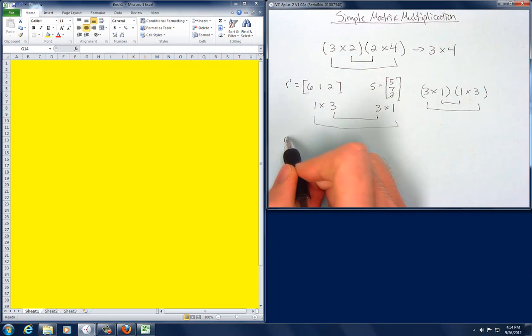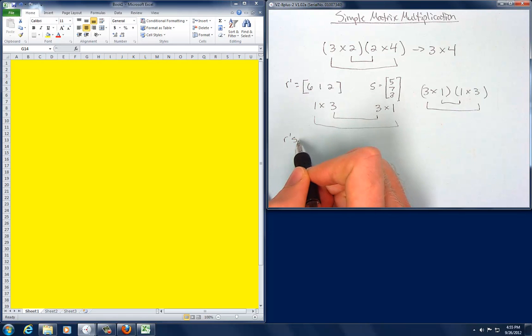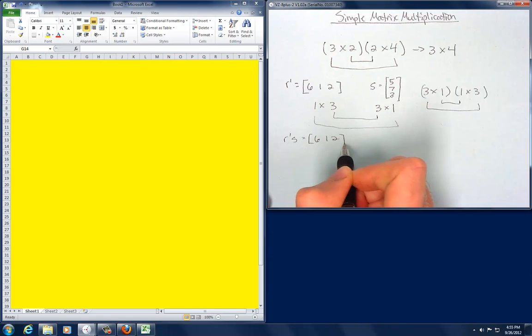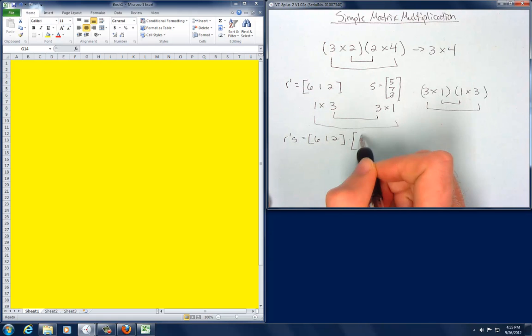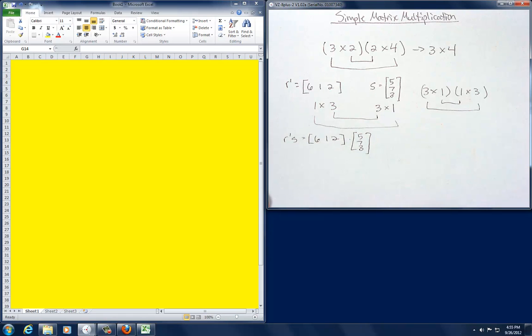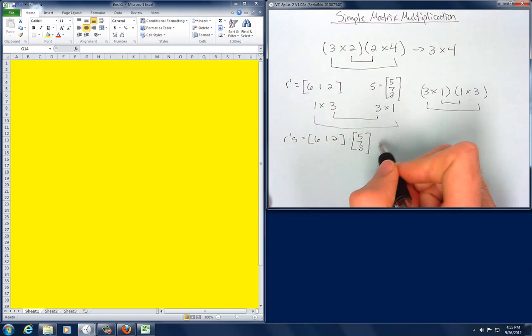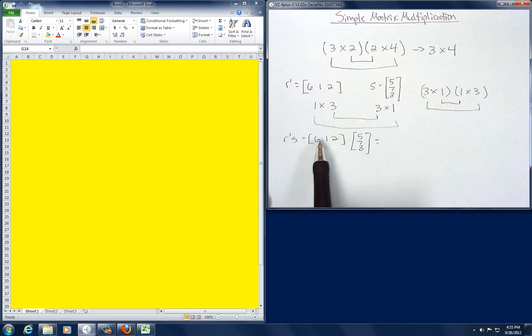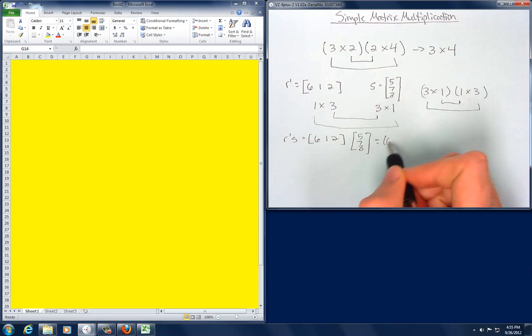So you have transpose R times S equals 6, 1, 2 times S. To multiply it here, you're going to take this first value and multiply it by the first value here, so that's 6 times 5.